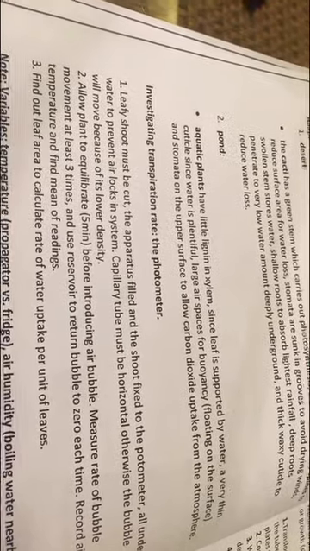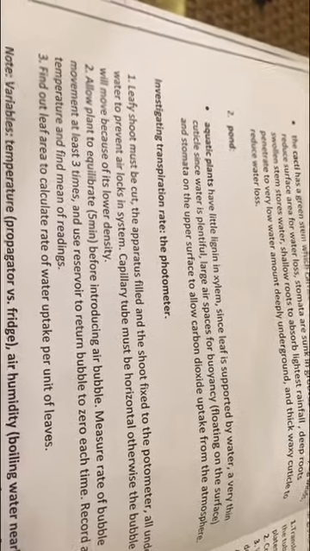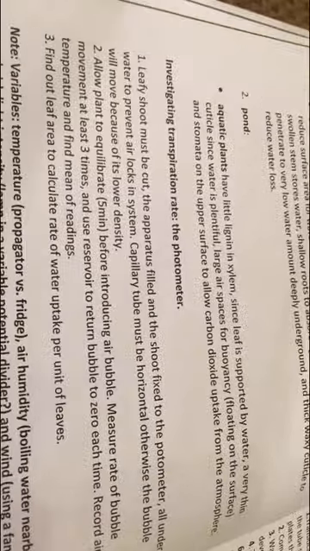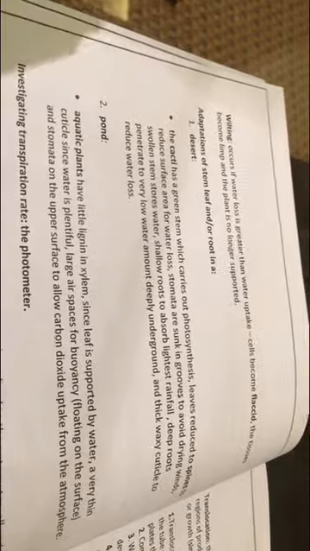For aquatic plants, as we see, they also have stomata, but the stomata are now on the top of the leaves, not down, such as xerophytes. In xerophyte plants, the plants that live in a dry climate, they have sunken stomata in the lower epidermis, in the bottom of the leaves, in order not to lose water. At the same time, they have a thick waxy cuticle to prevent water loss.